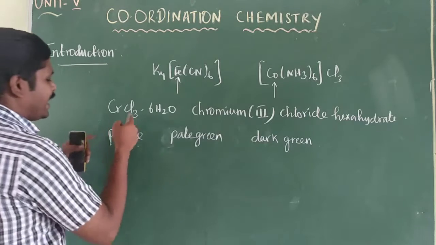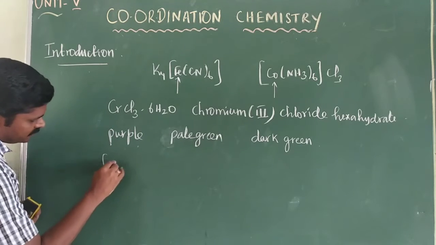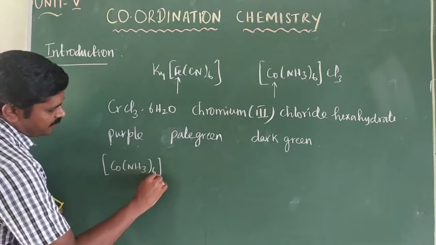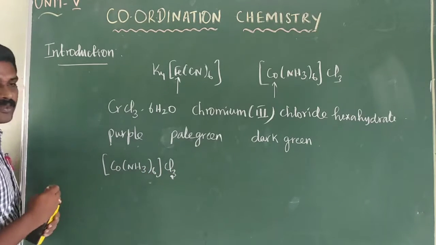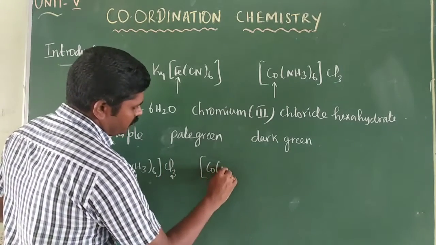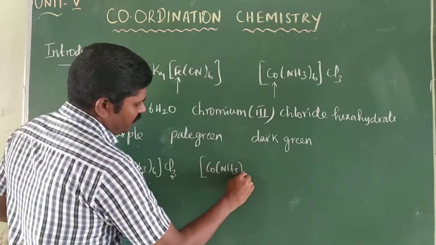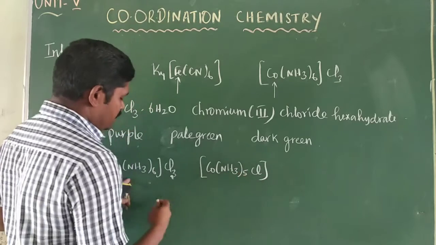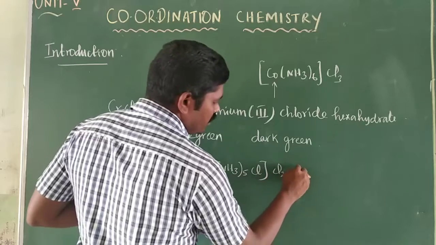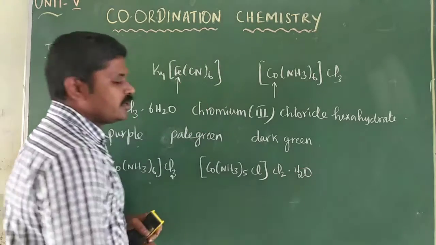In purple color, the compound exists as [Cr(NH3)6]Cl3. In pale green color, [Cr(NH3)5Cl]Cl2·H2O.